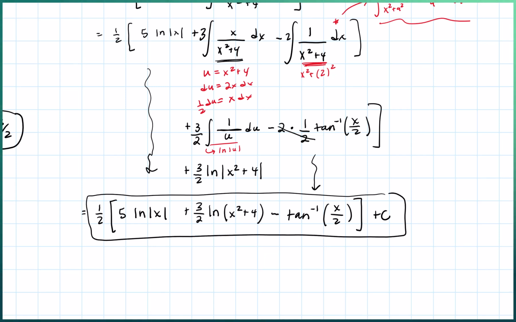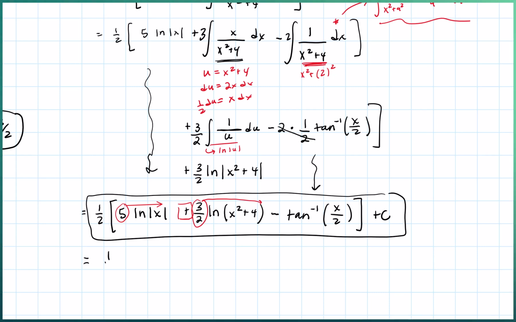I do notice, when I see those logs, we could simplify that a little bit further, because that 5 could come in as a 5th power, and that 3/2 could come in as a 3/2 power. And the plus right here, we could bring that into a product once we've brought the powers in.